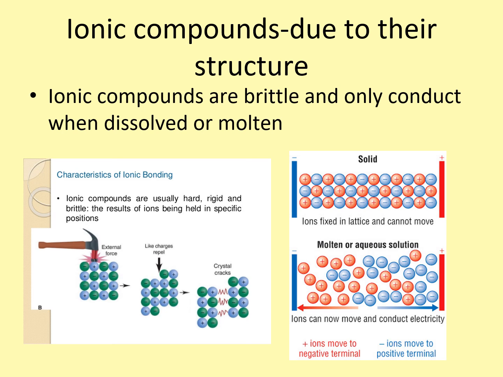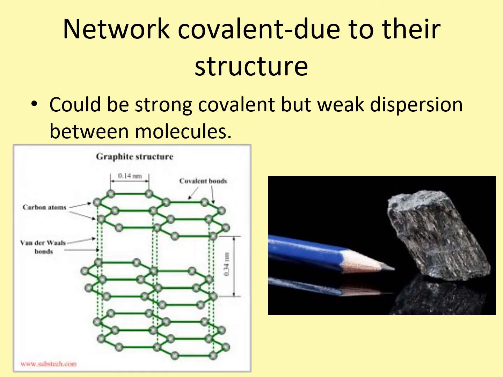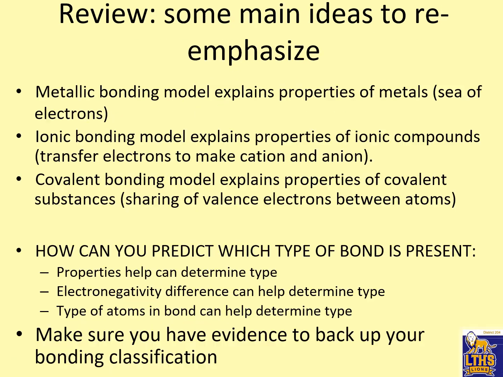Okay, and they don't conduct when they're solid. Network covalent substances have really high melting points and boiling points because it's hard to break up those continual patterns of covalent bonds. And then there's covalent network properties like in graphite. All right, the molecules can slide past each other.